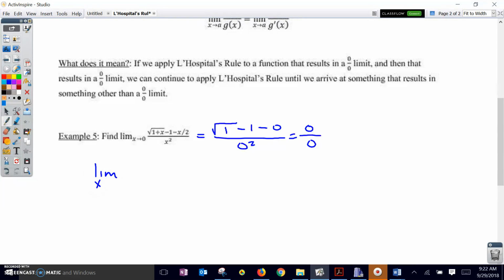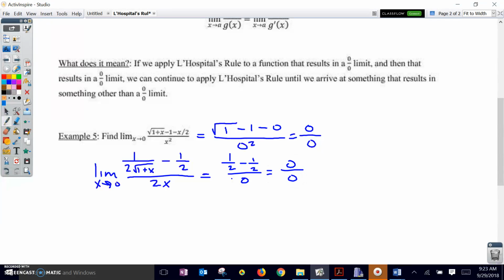We'll take the derivative of the numerator, which is going to be 1 over 2 square root of 1 plus x minus 1/2, all over 2x, and that again turns into 0 over 0.